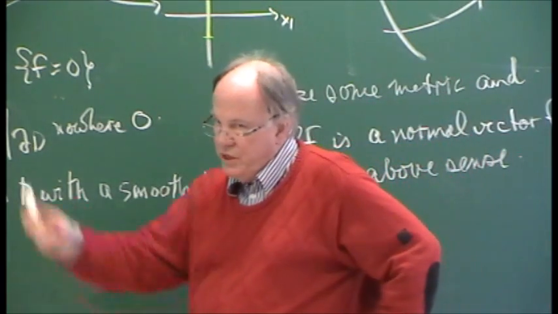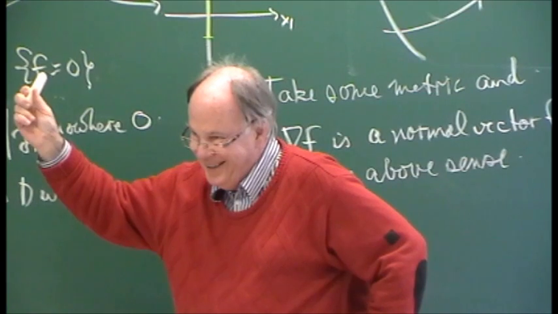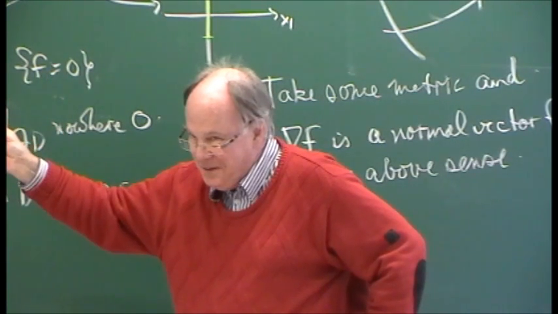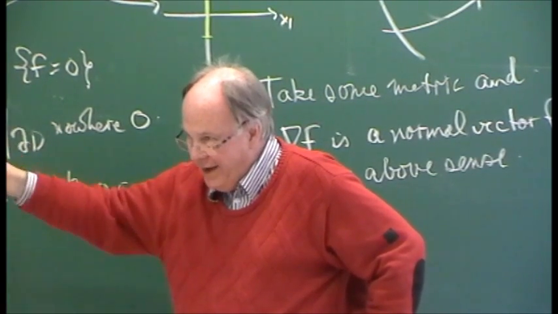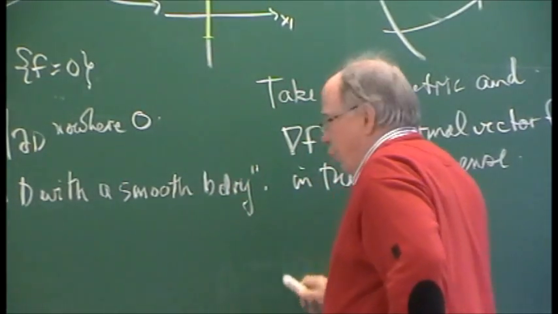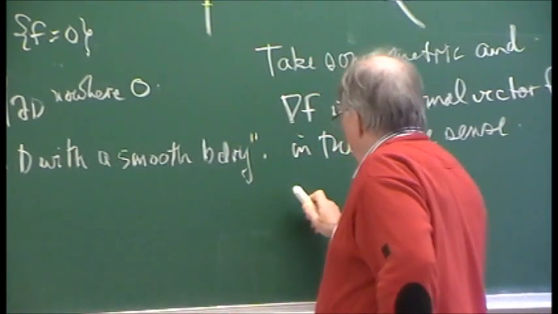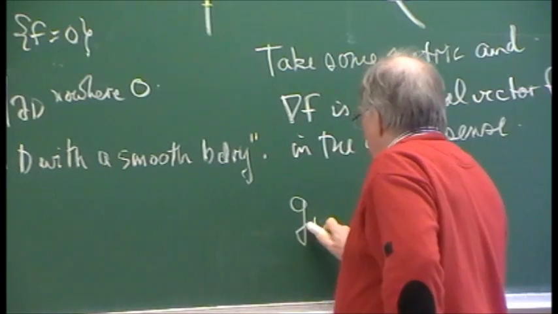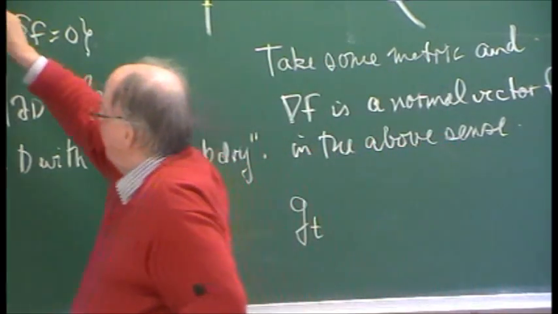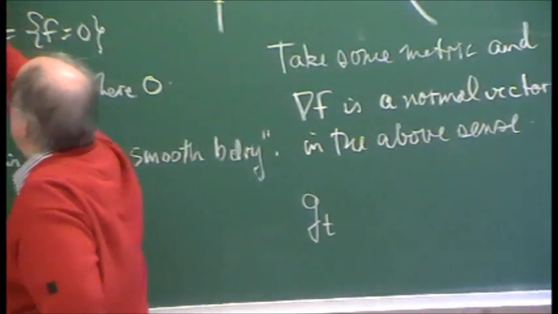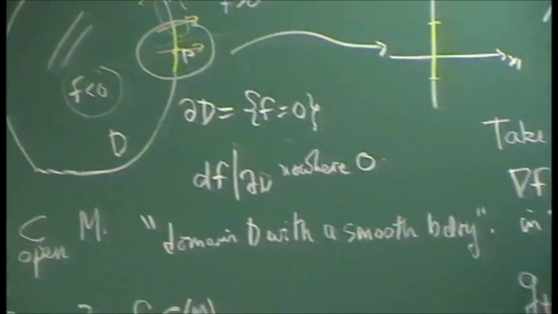And it really is normal, it's pointing out. Okay? And in fact, if you normalize the one parameter group, so g_t, you take this normal field and then you extend it to some neighborhood just by extension in trivial fashion.